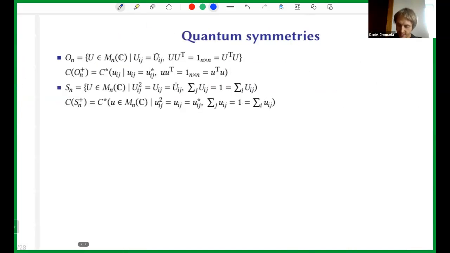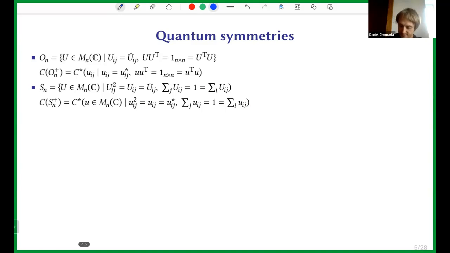So for instance, you have the symmetry groups, so the group of all permutations, and you can define the quantum counterpart. So here, permutations can be described by permutation matrices, which are matrices with entries 0s and 1s. So the fact that the entries are just 0s and 1s is described by this relation.